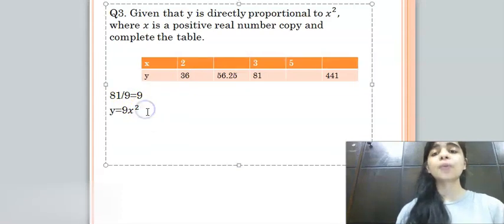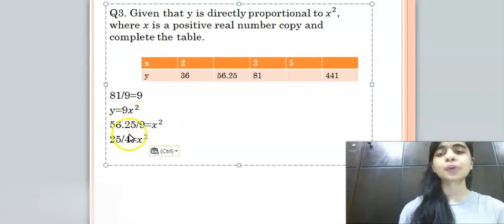Now here my y value is 56.25. So let's work out for this. 56.25 divided by 9 will give me x square. So 56.25 divided by 9 is 25 upon 4. So we will introduce an under root on both sides, under root on x square and under root on 25 upon 4.